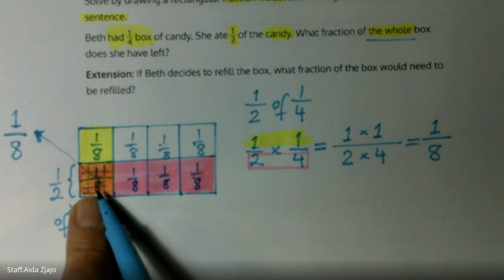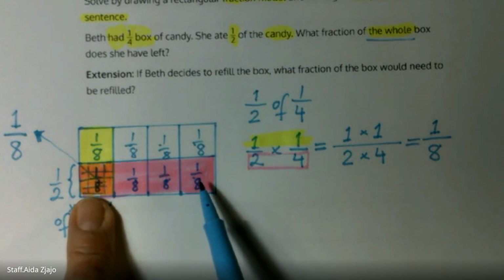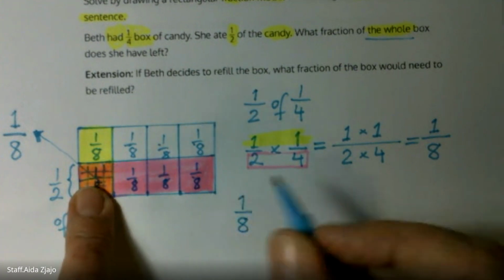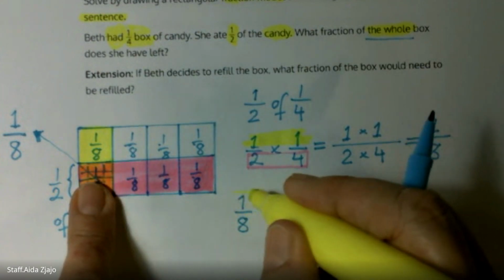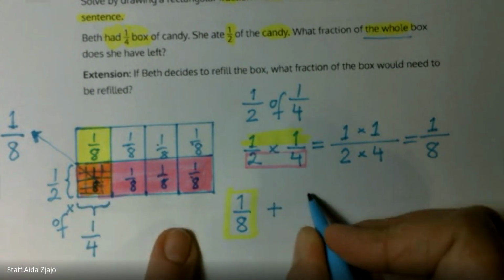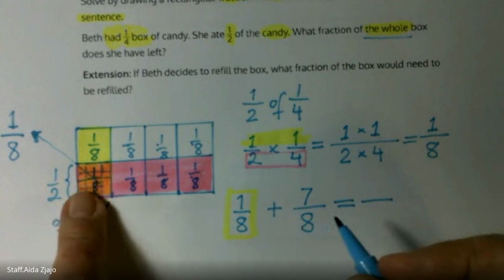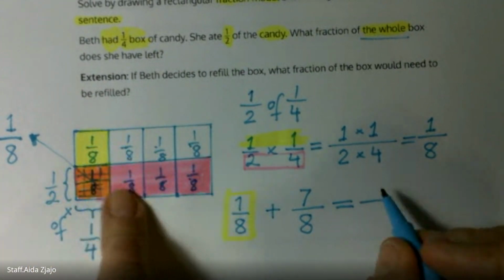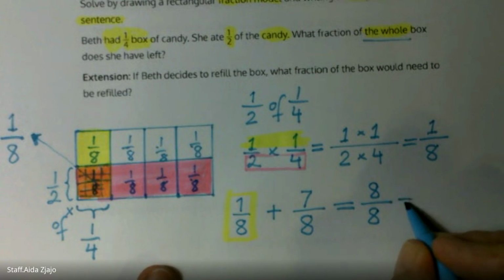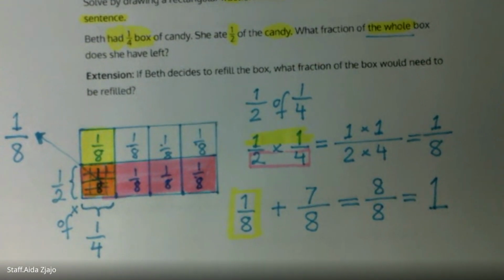So we can say 1/8, 2/8, 3/8, 4/8, 5/8, 6/8, 7/8 needs to be refilled, because she still has 1/8. That's that yellow part. But to make a whole, you need 7/8 more, because together 1/8 and 7/8 will make her whole box. And the whole box is 8/8, which is also 1.